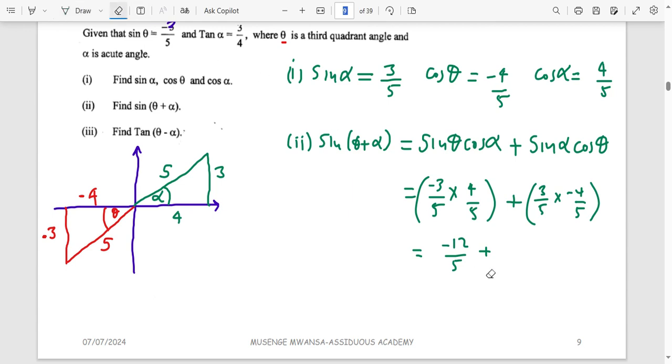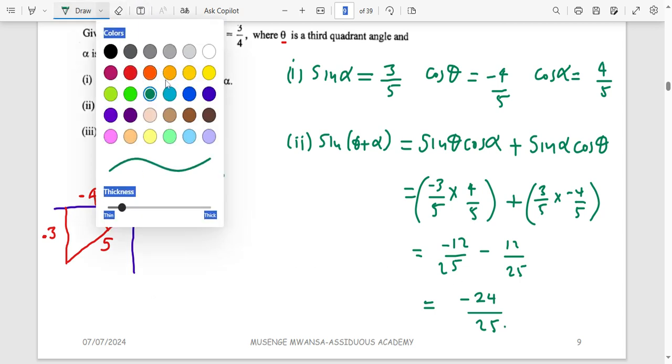So let me just remove the positive here because it will end up being negative 12 over, not 5, but a 25. 5 times 5 is 25. Since the denominator is the same, simply add the numbers on top. Negative 12 minus 12. That's negative 24 over 25. So this is the answer for this one.